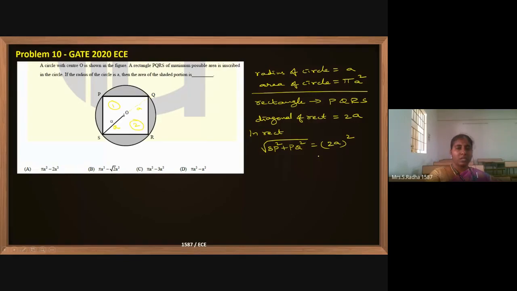So I have to remove the square root on the left side, because the square of the sides is nothing but the square of the hypotenuse.